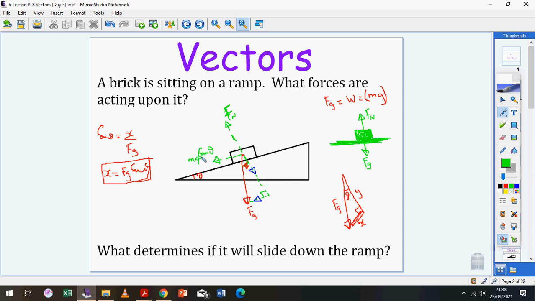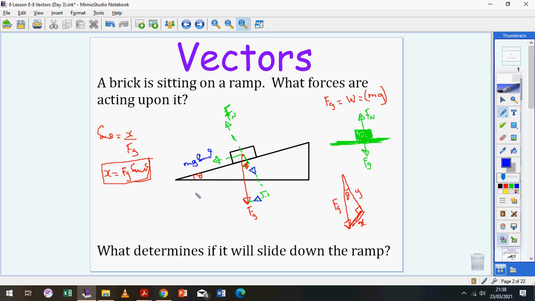So the component of the force of gravity that makes the block slide down the incline is mg sine theta. If you can't remember anything in this video up to this point, please remember mg sine theta. Mg sine theta always acts down towards the bottom of the incline. That is mg sine theta.